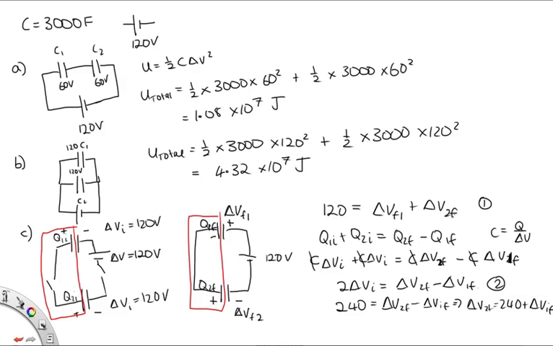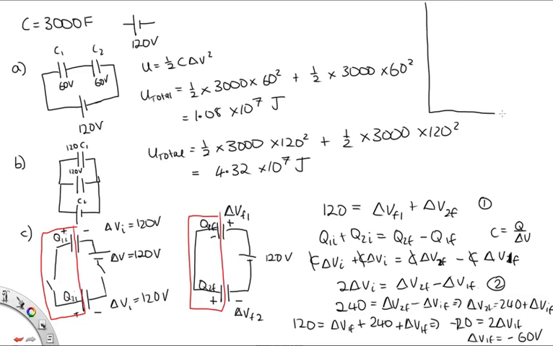And then substituting this back into equation 1, we've got 120 is equal to delta V1F plus 240 plus delta V1F, which tells us that minus 120 is equal to 2 delta V1F, so delta V1F is equal to minus 60 volts.